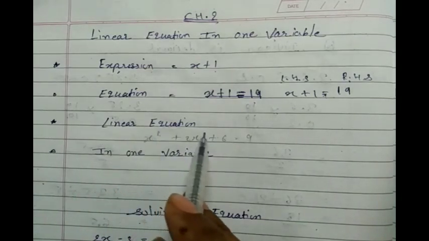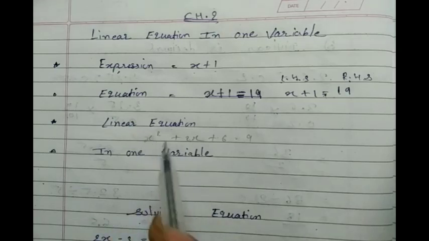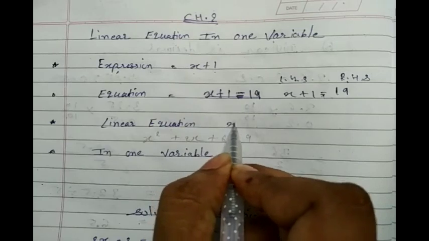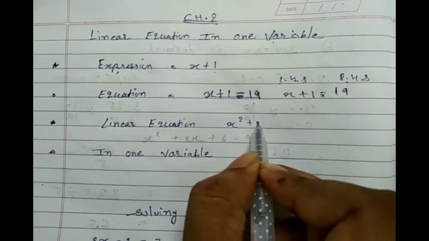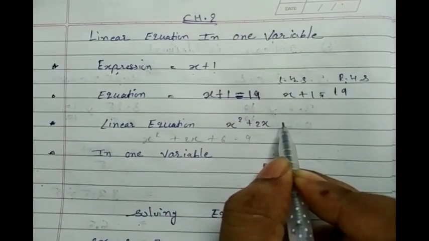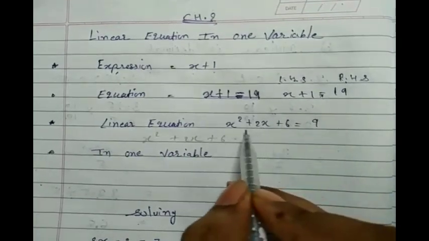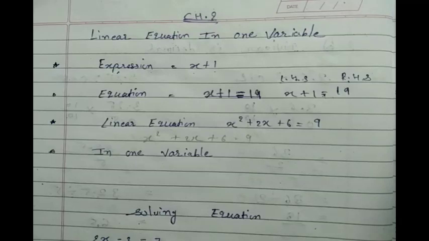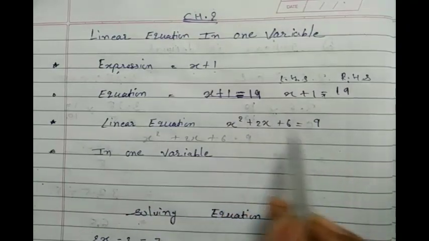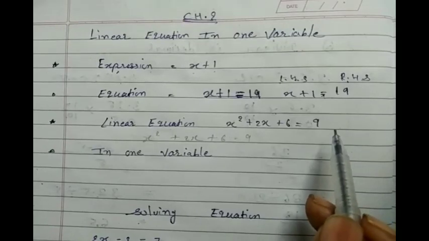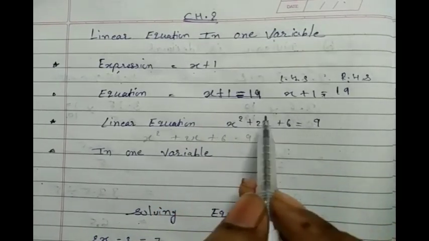Now we come to linear equation. What is a linear equation? If we write x square plus 2x plus 6 is equal to 9, this is also an equation because we have an equal to sign, one LHS part and one RHS part, but this is not a linear equation.